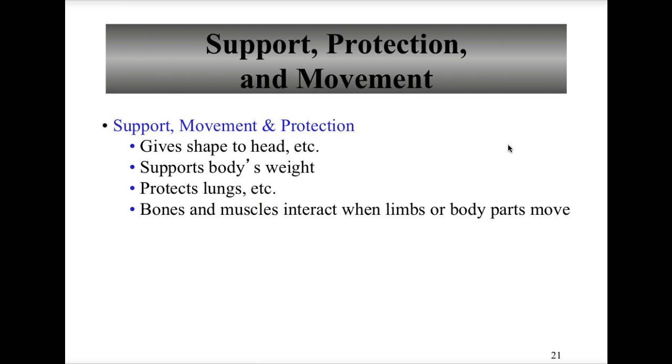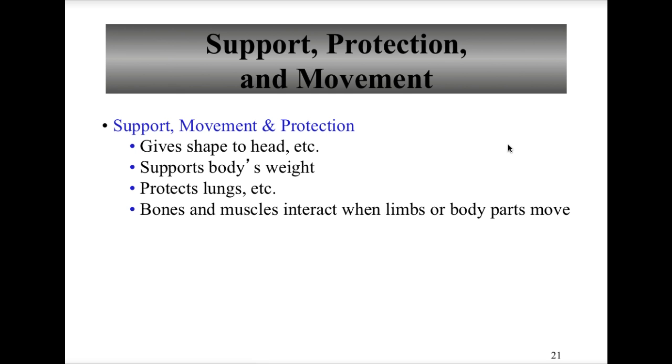Next, the skeletal system is going to play a role in protection, and it's going to protect those underlying organs. You know that the skull is going to protect the brain, and the rib cage is the protection for the heart and the lungs, etc. Bones also play a role in movement, and that will be discussed more in chapters 8 and 9 when we do articulation and then get into the muscular system.